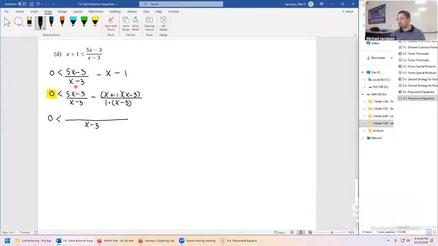We're subtracting across the numerators, so we'll copy in 5x minus 3 minus x plus 1 times x minus 3. Which means we now need to FOIL all this out, combine our like terms, and see what we get next. But we're getting there. This is progress. At least we've added the fractions, well, subtracted them. Any questions to this step?